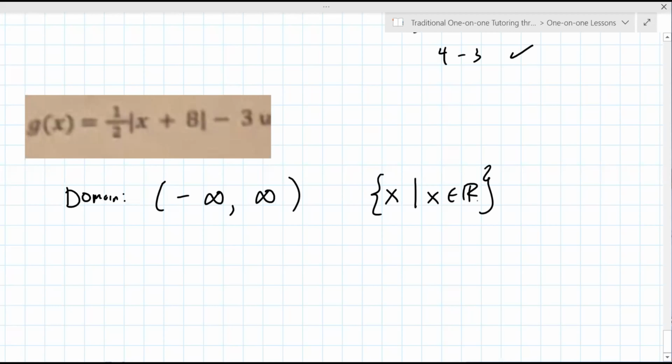Do you remember that from before? Yeah. Okay. The range depends on two things. It depends on whether it opens up or down, and it depends on the vertex. So does this open up or down?